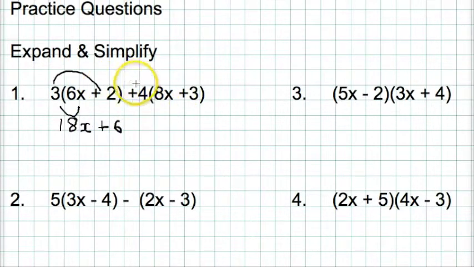Then move on to the second set of brackets. We've got a positive 4 times 8x, which gives us 32x. And then we'd finish off by doing the 4 times the 3, which gives us 12.